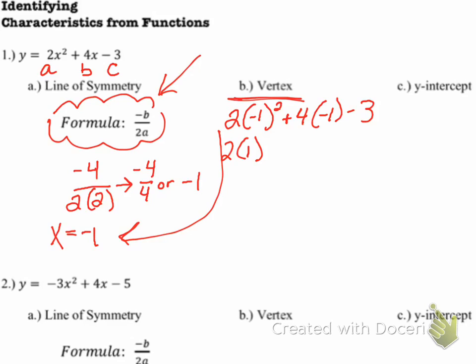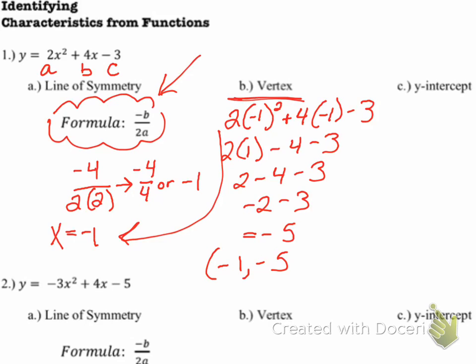You can take bigger steps, that's fine, but you're more likely to make a mistake. 4 times negative 1, negative 4, minus 3. So that's just 2 minus 4 minus 3, or negative 2 minus 3. Okay, so I get out negative 5. That's my y value. That's what I got out. So my vertex is at negative 1, negative 5.